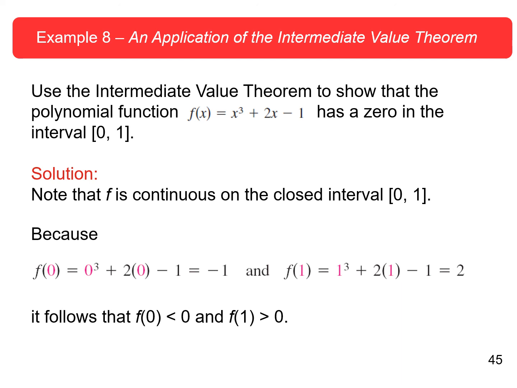So f of 0 is negative, and f of 1 is greater than 0, which means they differ in sign. Then it guarantees that there is a zero on that closed interval.